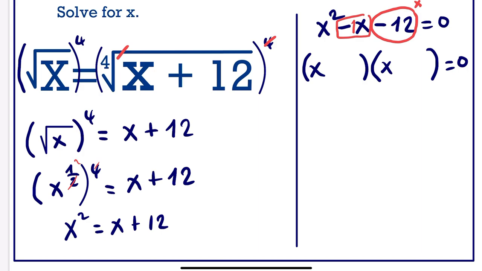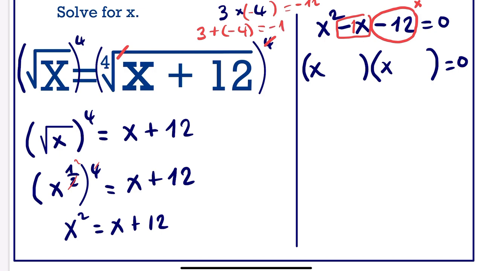Normally it would be 3 times 4. Okay, so 4 is going to be a minus number. 3 times minus 4 will give us minus 12. Next, 3 plus minus 4 will give us minus 1.